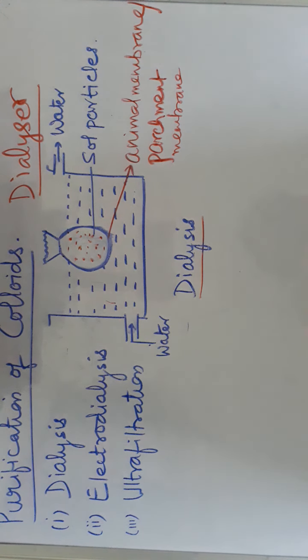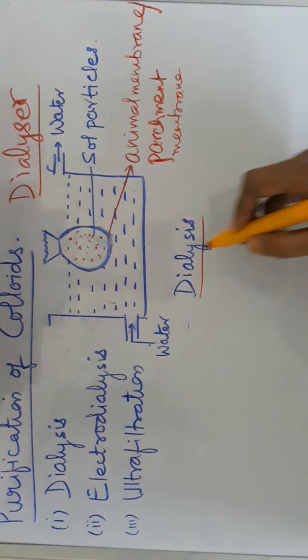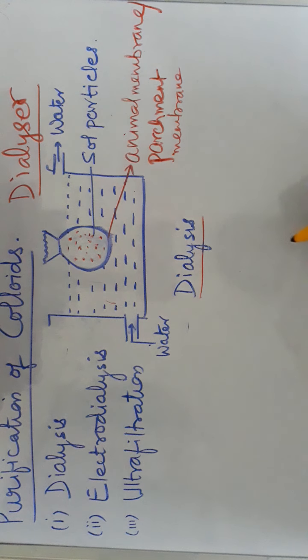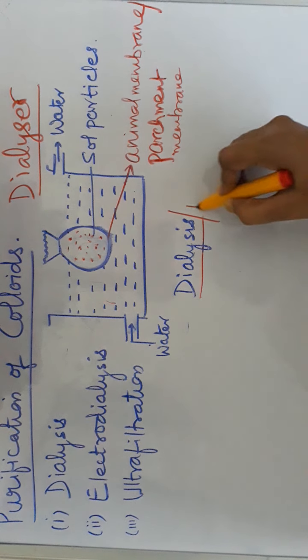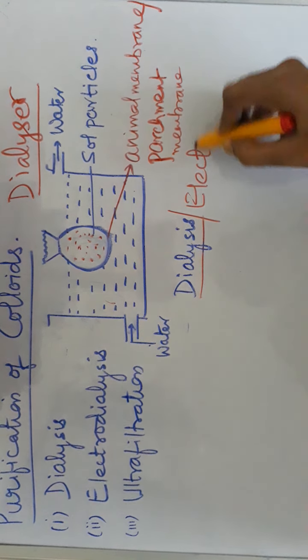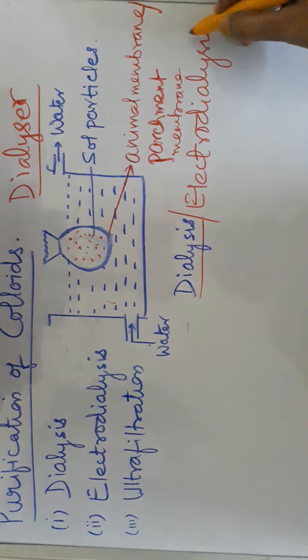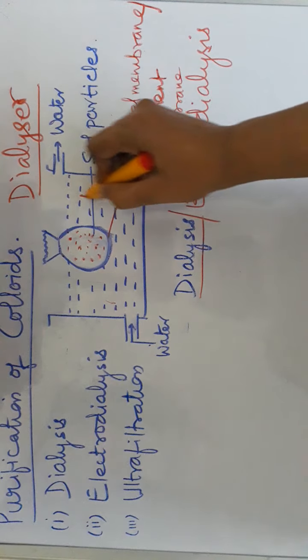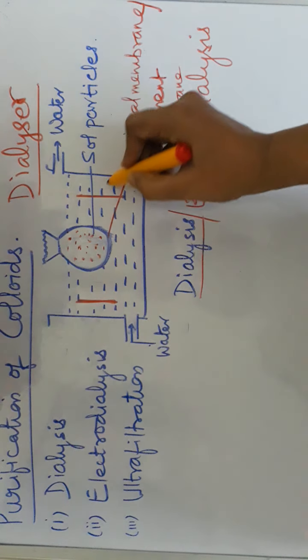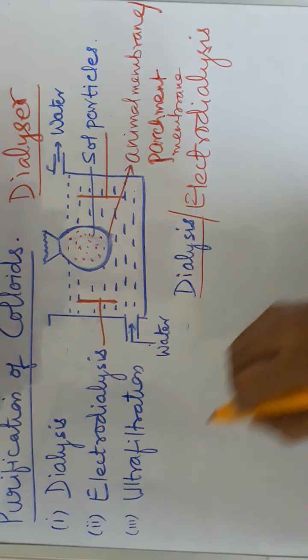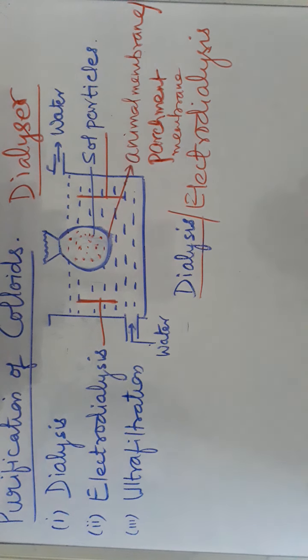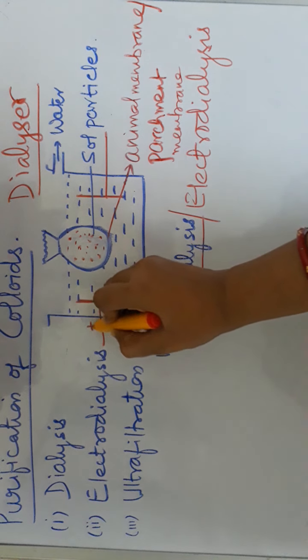If we want to speed up this dialysis process, we can apply an external electric field, and instead of simple dialysis, electrodialysis can be performed. In electrodialysis, an electric field is applied across the colloidal solution, that is, two charged electrodes are placed.